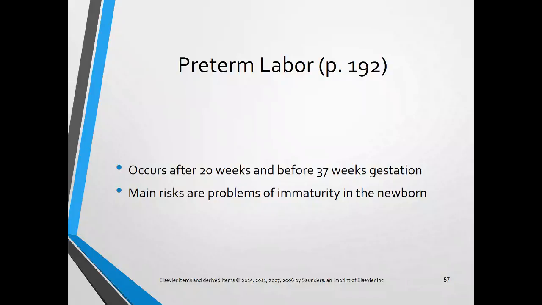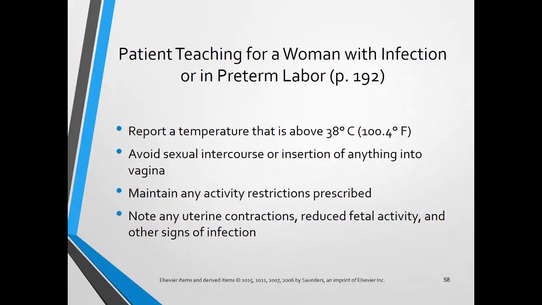Okay, looking into preterm labor. This occurs after 20 weeks, but before 37 weeks of gestation. So what are you going to do for patient teaching for a woman with infection or preterm labor? Because one of the reasons someone can be in preterm labor is infection.